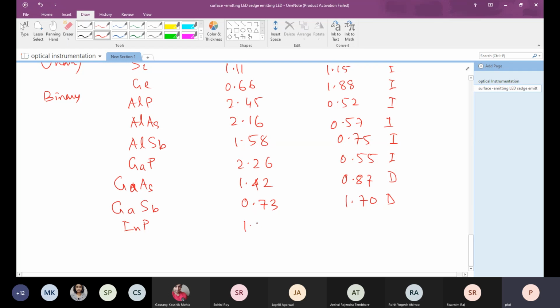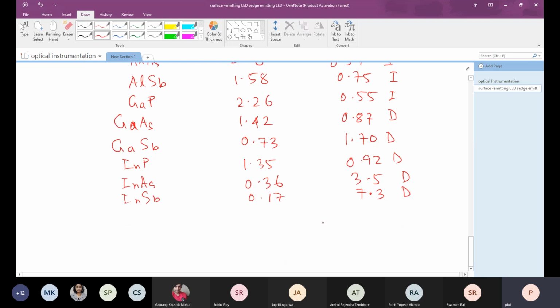InP is 1.35, 0.92, direct band gap. Indium arsenide is 0.36, 3.5, direct band gap. Indium antimonide is 0.17, it goes further into moderately deep infrared, 7.3 micrometer, and is a direct band gap semiconductor.